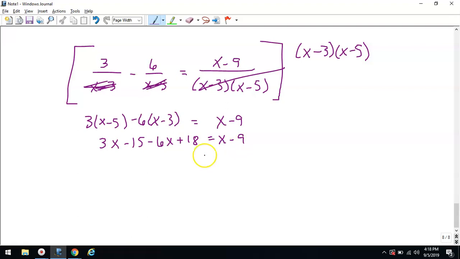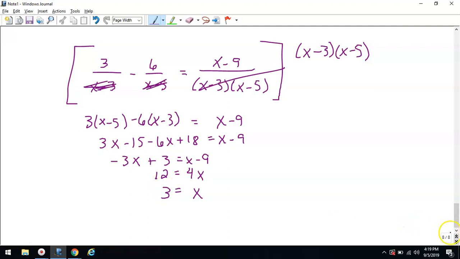Let's combine like terms first: negative 3x plus 3 equals x minus 9. Then I add the 3x to the other side and add 9, so 12 is equal to 4x. X is equal to 3.